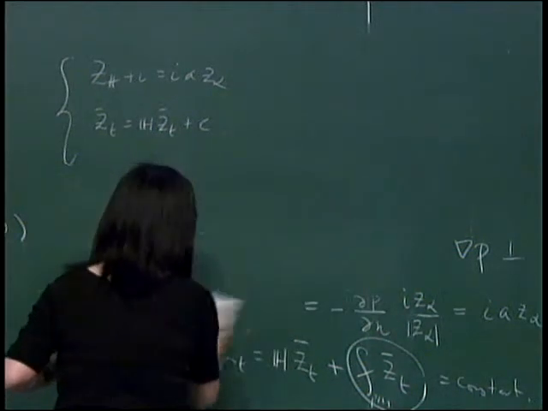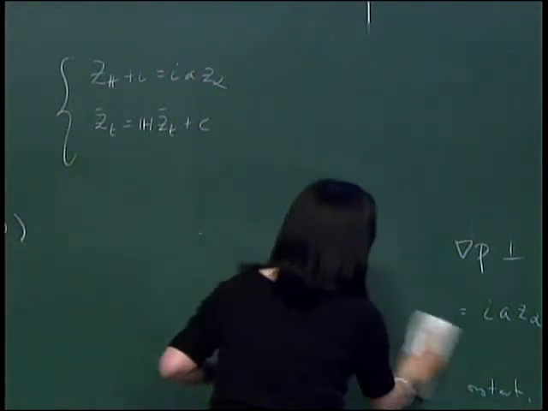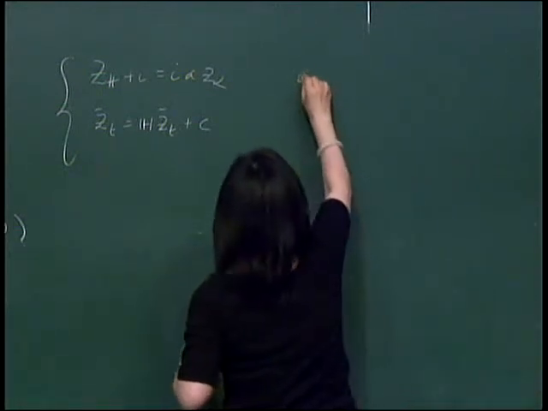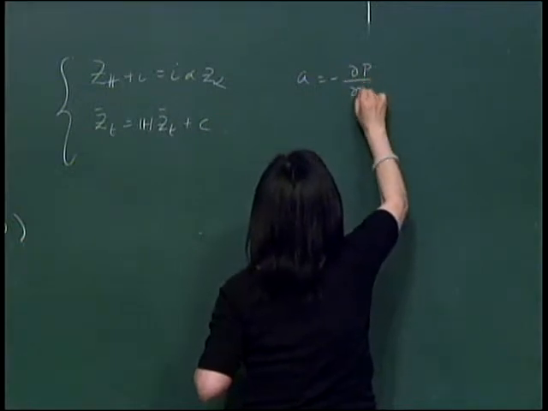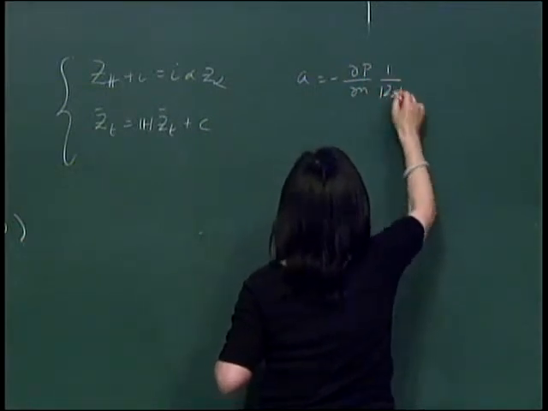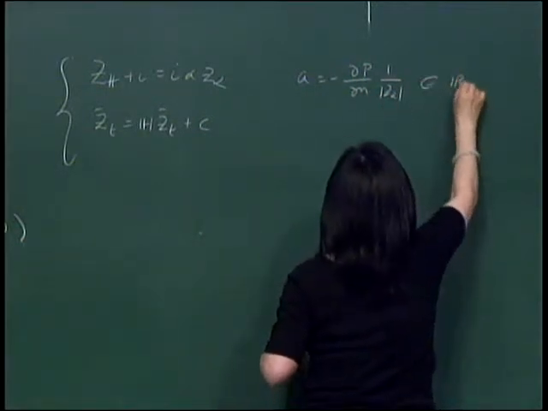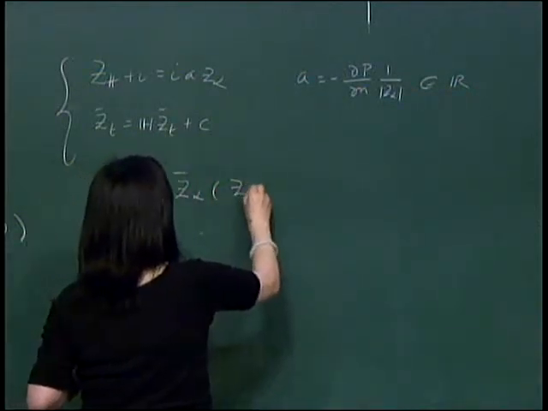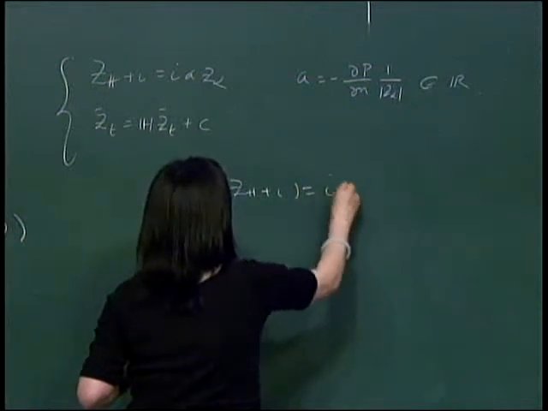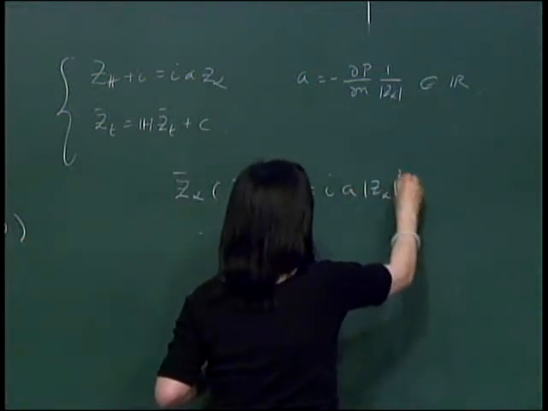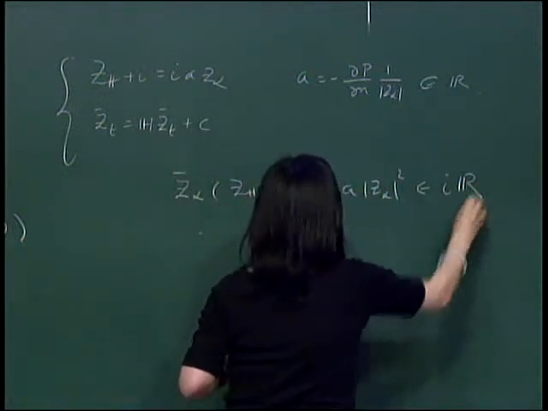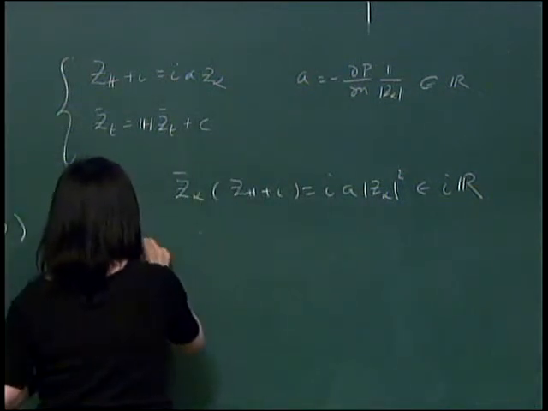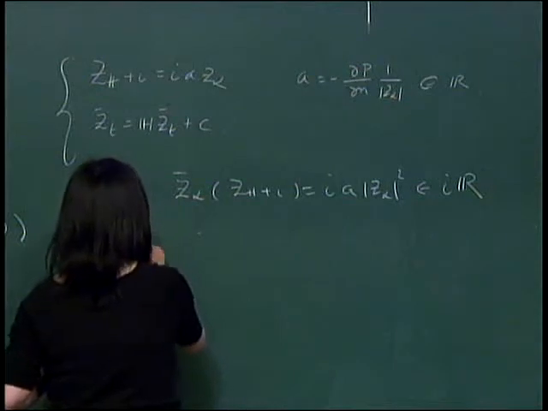We know A is real valued: A is minus dP/dN times 1 over Z alpha, which is real valued. So this means that Z alpha bar times (ZTT plus i) equals iA times Z alpha squared, which is purely imaginary. That means the real part is 0.